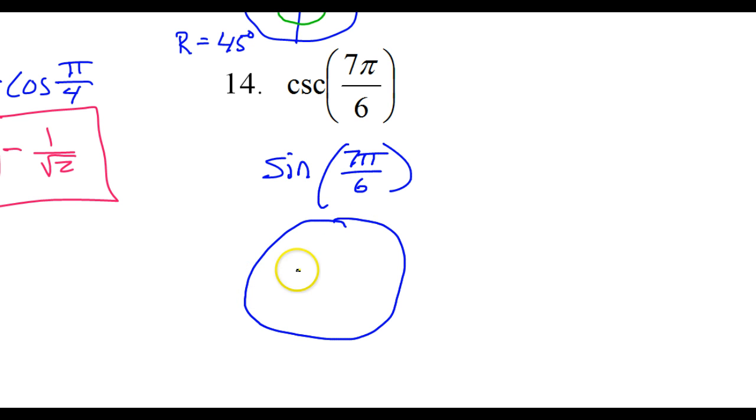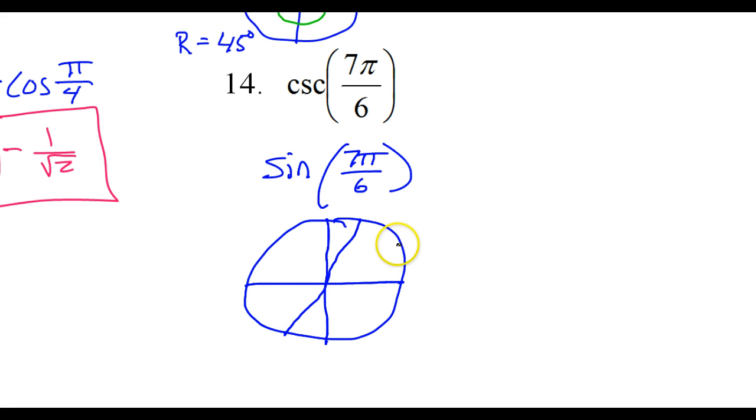So pi over 6. I'm going to take my pi and divide it up into 6 pieces. To do that, first I can cut it in half. And I can take each one of these and divide it into 3 slices. That would be a total of 6. So if I do that, it would be like this.